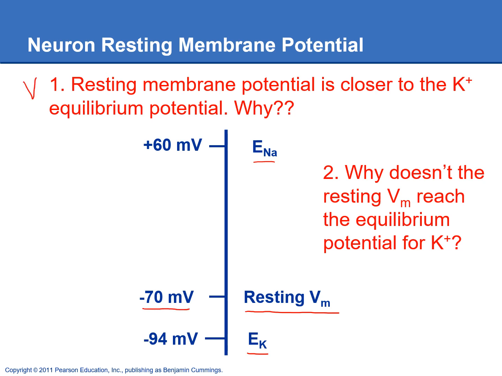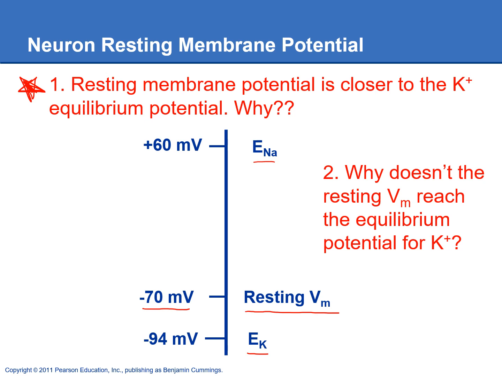So our first question, the resting membrane potential is much closer to the potassium equilibrium potential. So why is that? So why is our resting membrane potential a lot closer to where potassium will be at equilibrium than to where sodium would be at equilibrium?